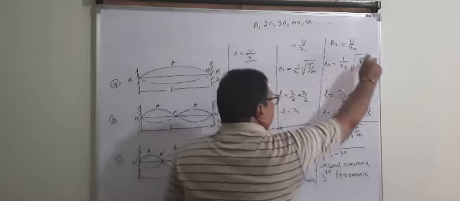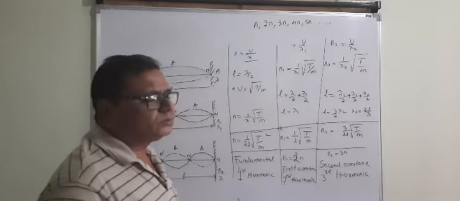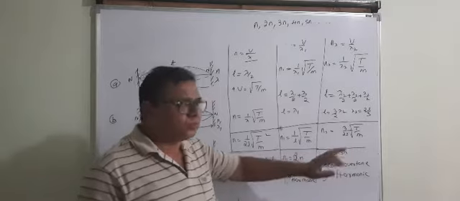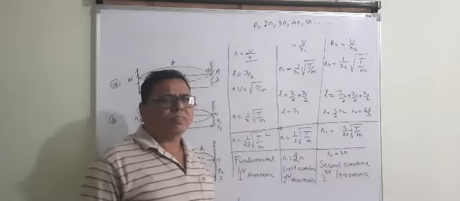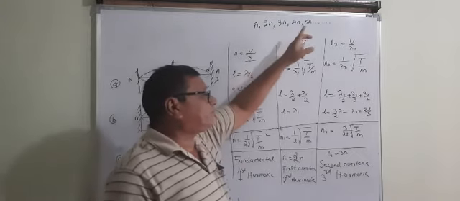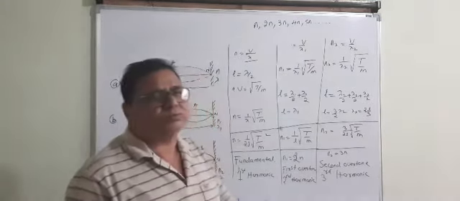All harmonics are produced. Once again, all harmonics, 2n, 3n, 4n, 5n, are present as overtones.